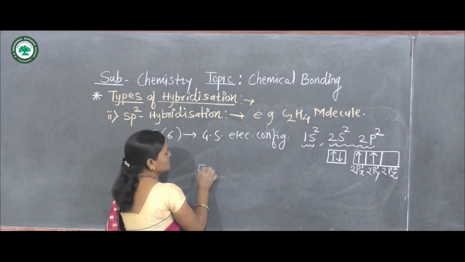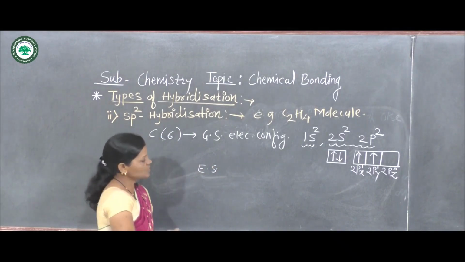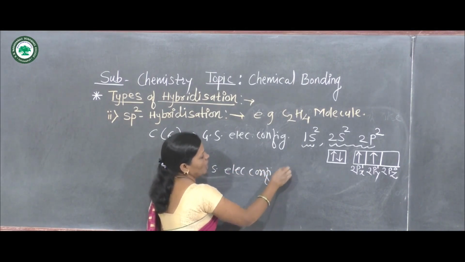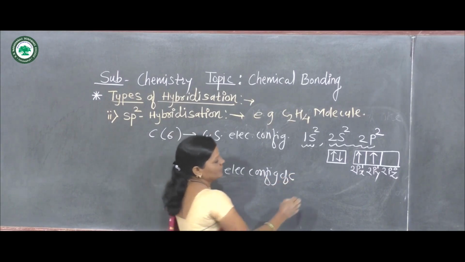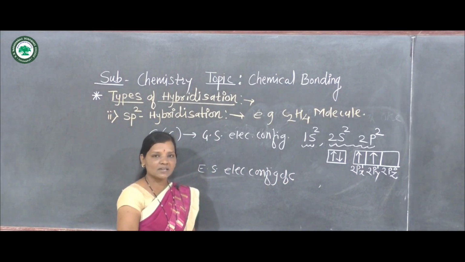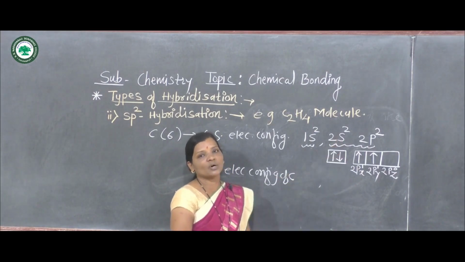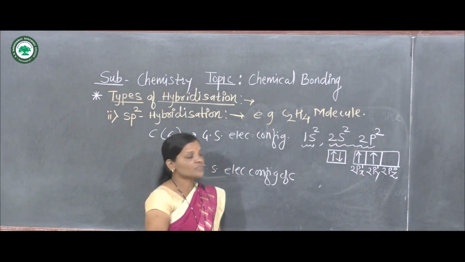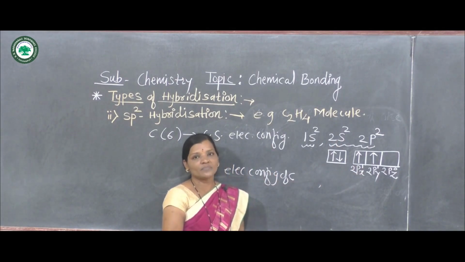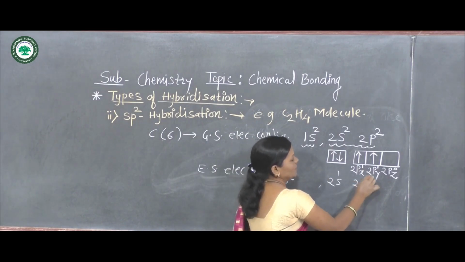Now here what happens? Carbon absorbs some external energy and goes to the excited state. Here, in the excited state, one of the coupled electrons present in 2s orbital gets uncoupled, and this electron is promoted towards the empty 2pz orbital, and the electronic configuration becomes 2s1 2p3.